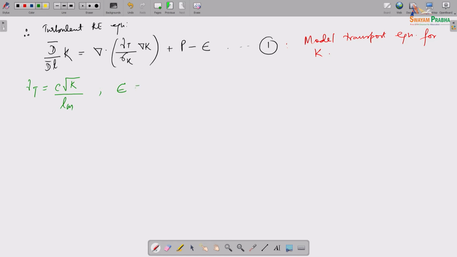Epsilon. All right. Now, so that's about the model transport equation for K. Now, the model transport equation for epsilon is entirely empirical, right.